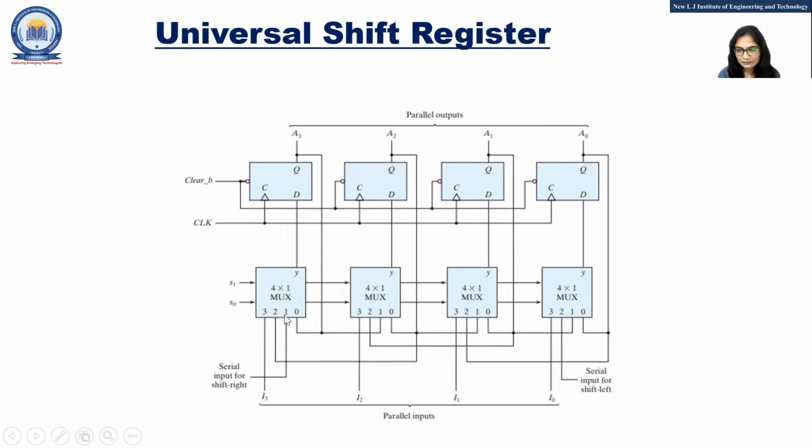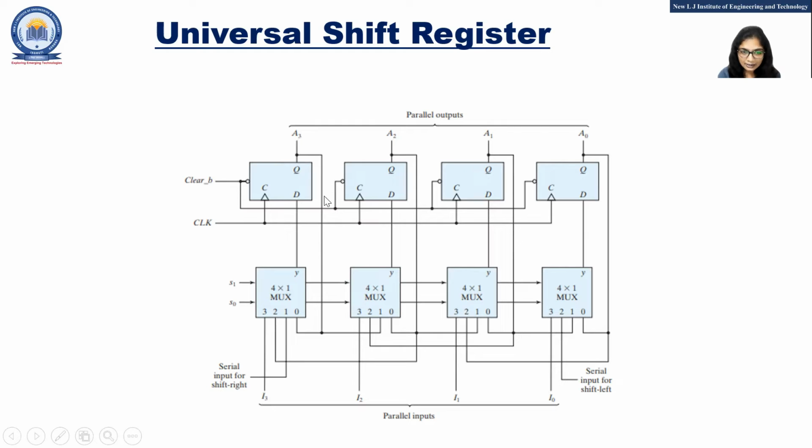So this input line will be selected, and this input will pass to this output line Y. Now suppose I'm assuming at a time, the data is 1. So Y is 1. Y is given to this D flip-flop, so D is 1. If D is 1, you know that Q will be 1.